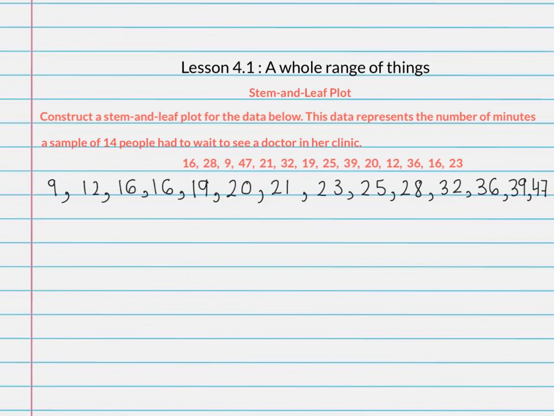We start with our stem and leaf plot, again by constructing a representation, stem and leaf. We said we're going to take the last digit as our leaf now, and whatever is before is our stem.